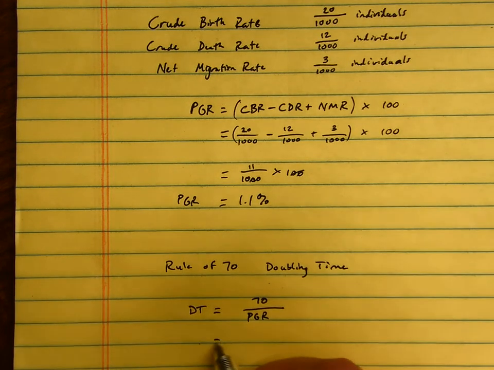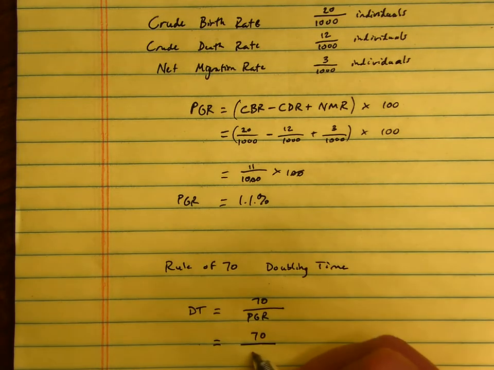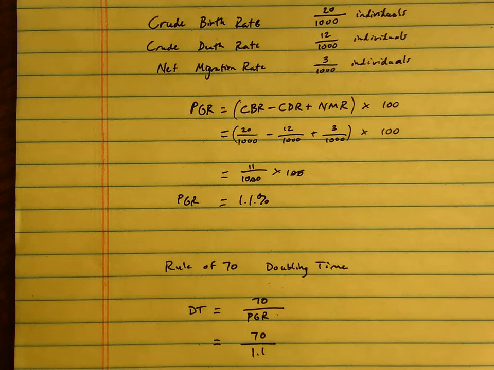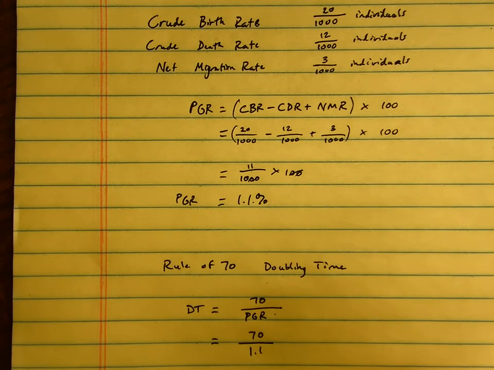In this case, we would have 70 divided by 1.1. You don't got to worry about the percentage at this point because it's assumed that it's there. So take your calculator, 70 divided by 1.1 equals 63.6 years. That would be the doubling time.